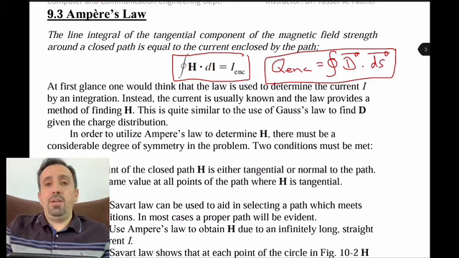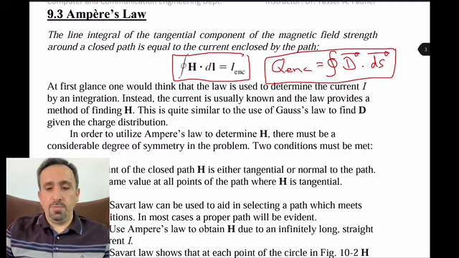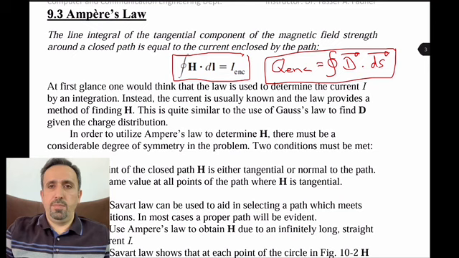So here in Ampere's law, we have something else. You are not talking about a surface here, you are talking about a path. So this path must be closed. This is the first condition.